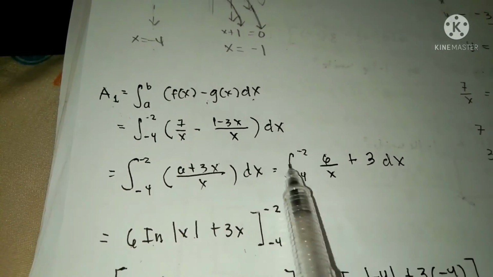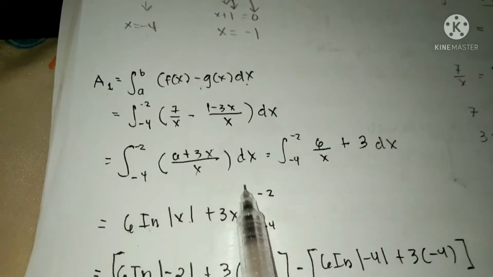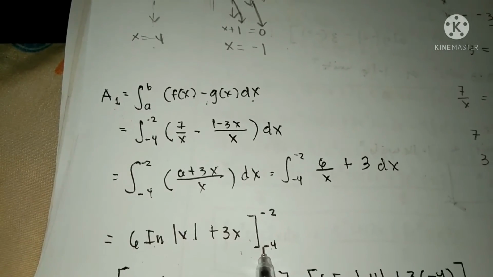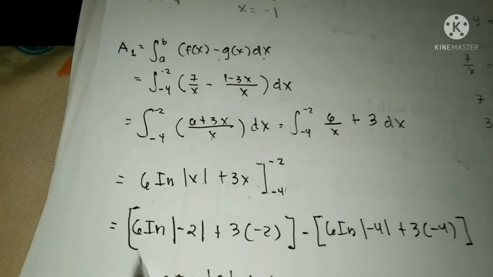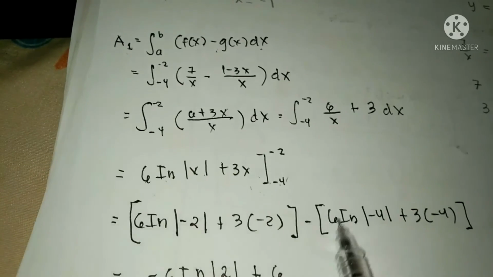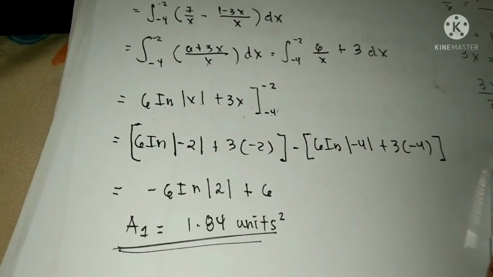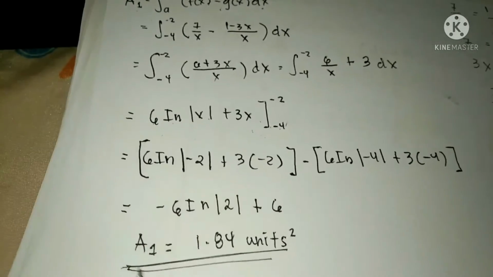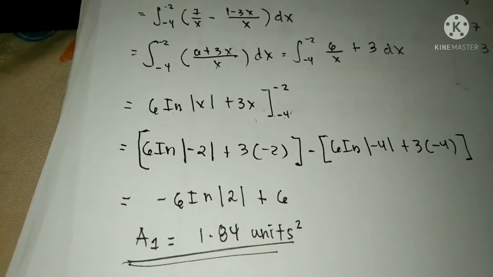So, integrate natin tong 6 over x plus 3, magiging 6 ln of x plus 3x. Then the value of our lower limit and upper limit. Substitute natin to dito sa value ng x. So, 6 ln of negative 2 plus 3 times negative 2 minus 6 ln of negative 4 plus 3 times negative 4. So, it is equal to negative 6 ln of 2 plus 6. Therefore, our A1 is equal to 1.84 units.